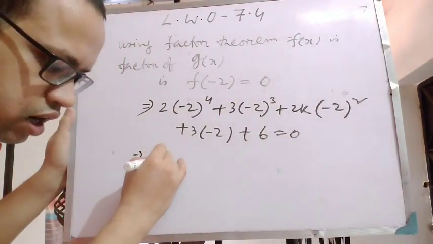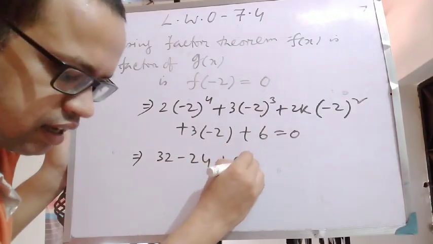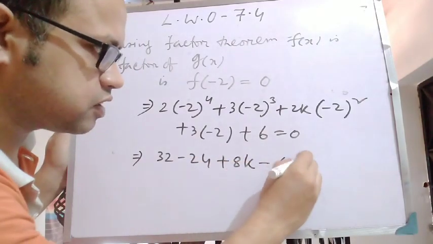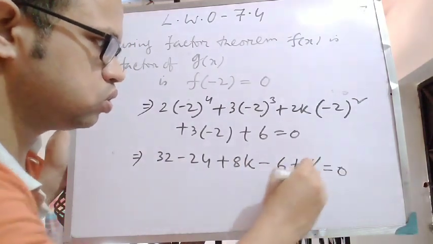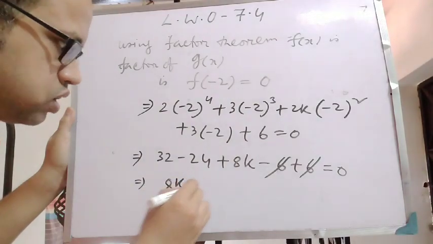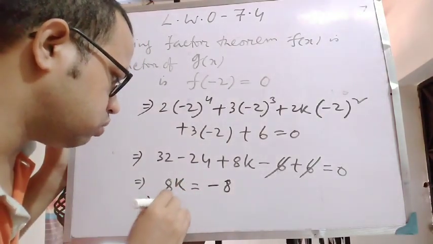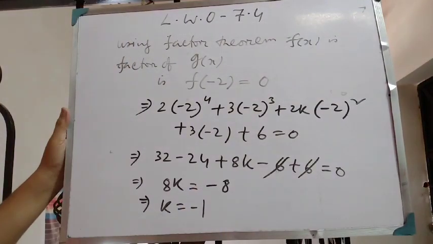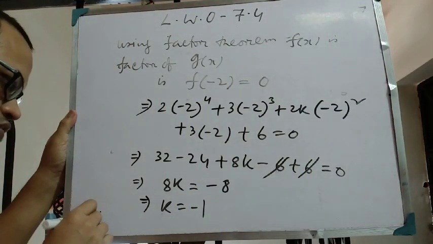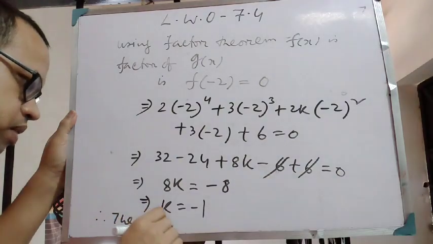It gives you 32 minus 24 plus 8k minus 6 plus 6 equals 0. So 8k equals minus 8, so k equals minus 1. So the value of k is minus 1.